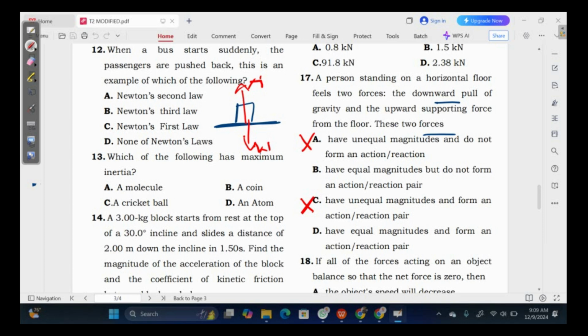So it's more like there is a force that you do on the floor, then the floor is also doing another force. So they have the reaction. It's the third law of motion: for every action there is an equal but opposite reaction. So the answer should be D: have equal magnitude and form an action reaction pair. Definitely. I don't know how I blacked out, but that's definitely the answer D.